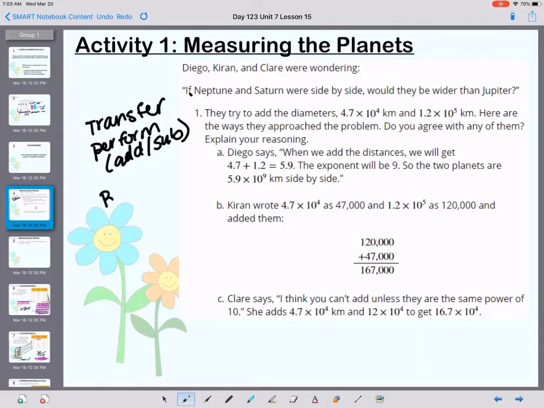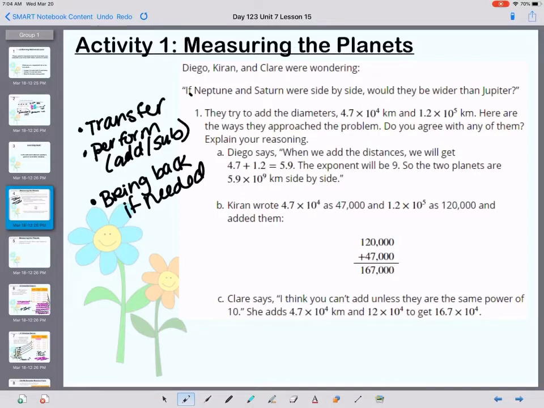And the third one is to bring back, if needed. So you're going to transfer the numbers out of scientific notation to standard form. You're going to perform the addition or the subtraction, and then you're going to bring it back if you need to. Some cases you'll need to bring it back to scientific notation, and other cases you won't.